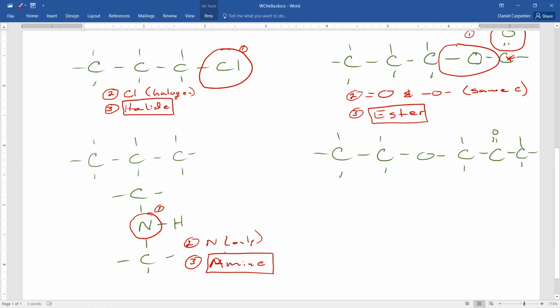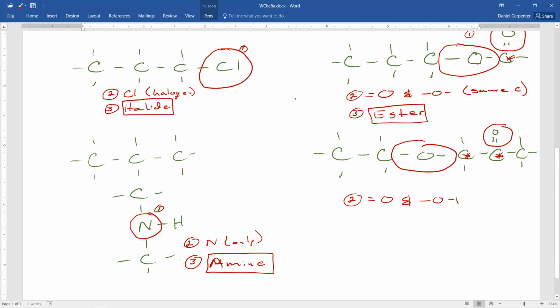Now, the last one will bug you. What's not regular C and H? Well, we've got a double bonded O there, and we've got an O between two C's there, but they're on two different carbons. So we've got double bonded O and O between two C's.